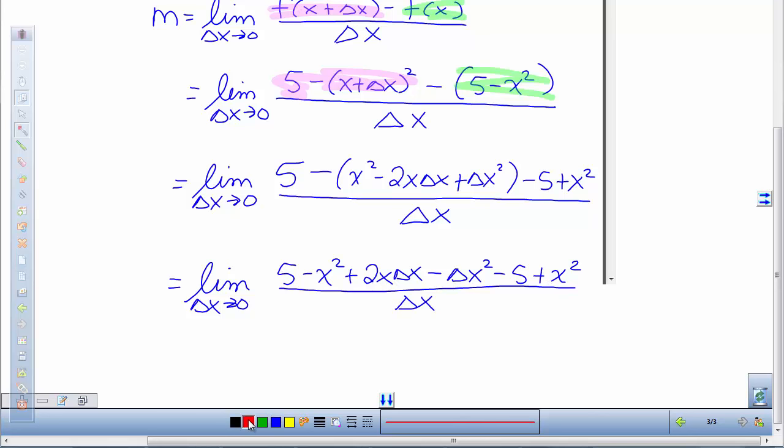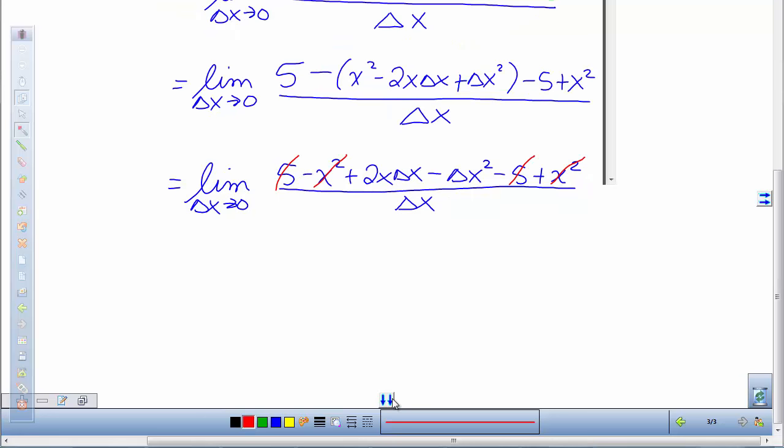Okay, and we can cancel out the 5's. We have a minus x squared and a plus x squared. And everything that's left has a factor of delta x in it. And we're going to want that. We need that so that we'll be able to cancel out our delta x in the denominator. So now we get the limit as delta x approaches 0 of 2x delta x minus delta x squared all over delta x.